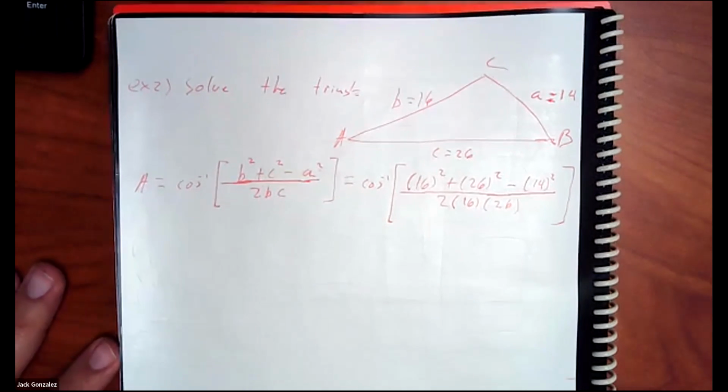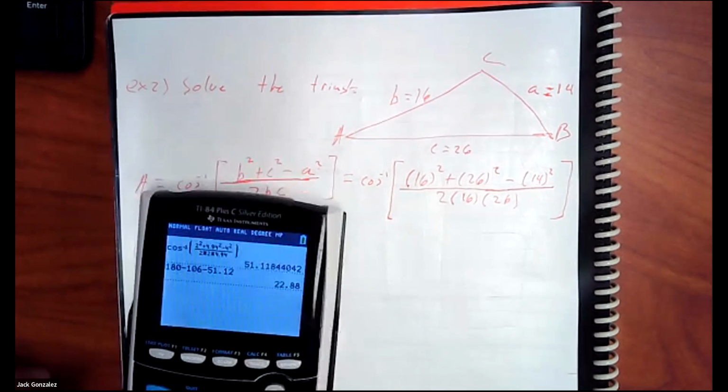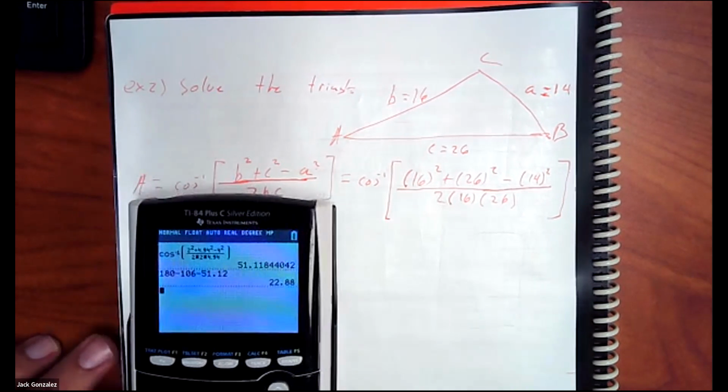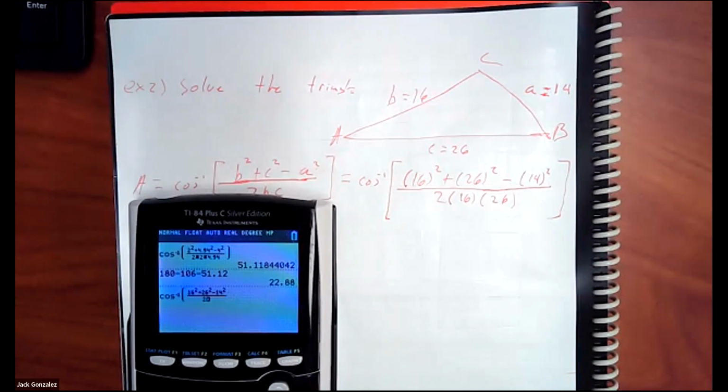So plug that into your calculator. I don't know what that is. That's in degrees. We got 27 point. Let's see what they rounded to. I don't remember.